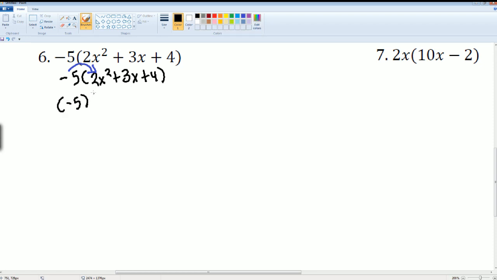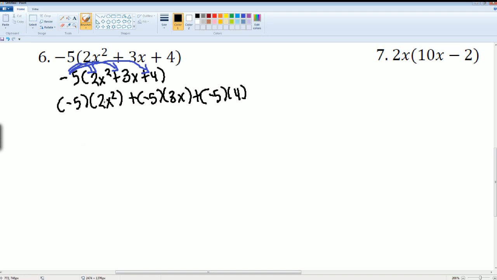Negative 5 times 2x squared, plus the second term: negative 5 is going to be multiplied to the 3x, negative 5 times 3x, plus negative 5 is going to be multiplied to the 4. So that is negative 5 times 4.